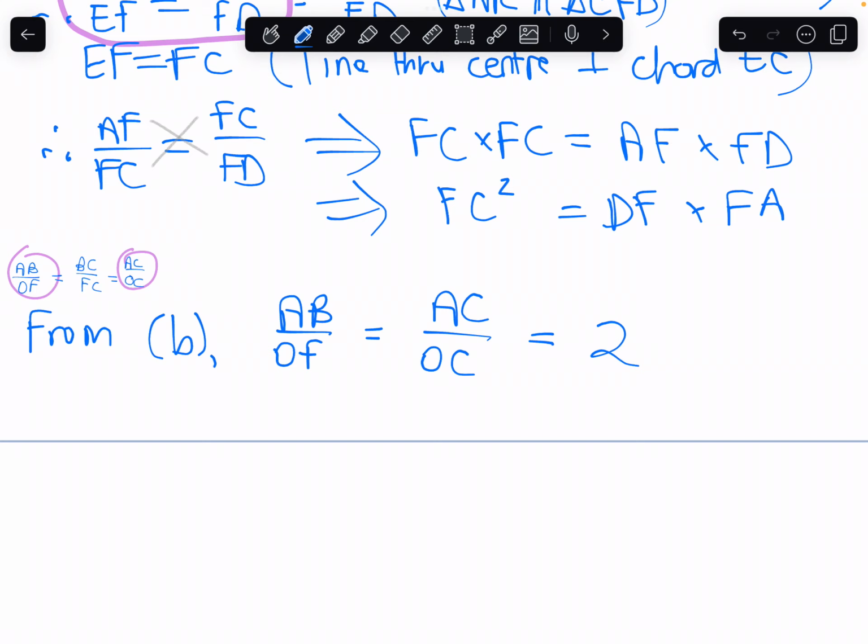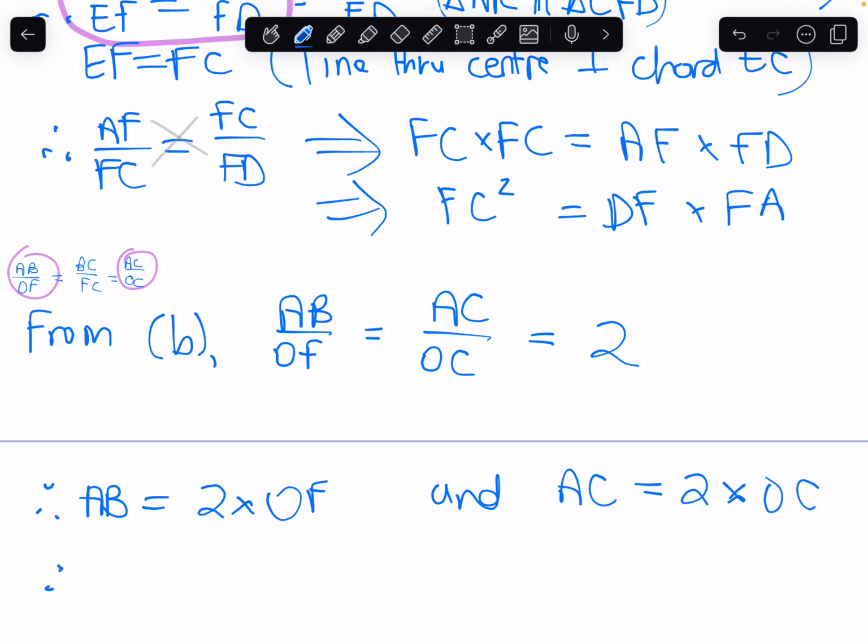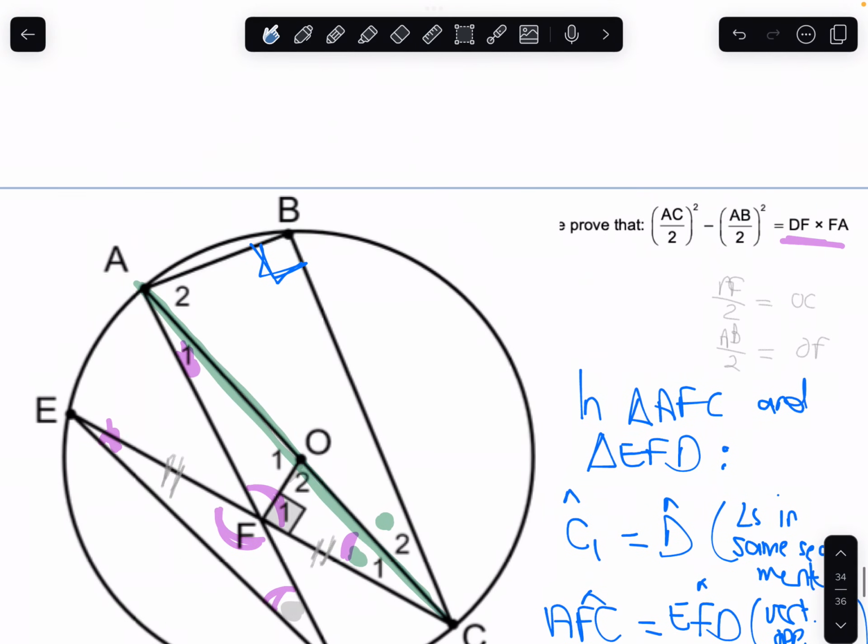That's the ratio between the sides. And so therefore, AB is equal to 2 times OF, and AC is equal to 2 times OC. And so OF is equal to AB over 2, and OC is equal to AC over 2. And so we can use that to replace these guys, and we also have a replacement for that guy.